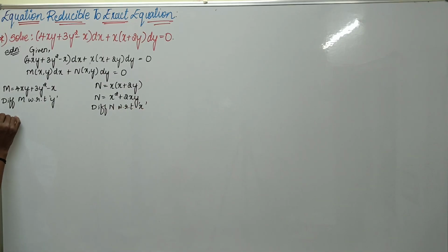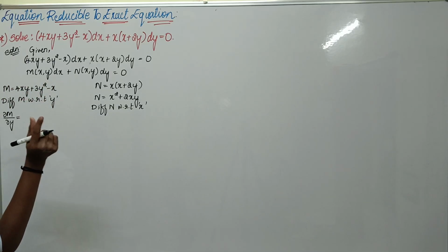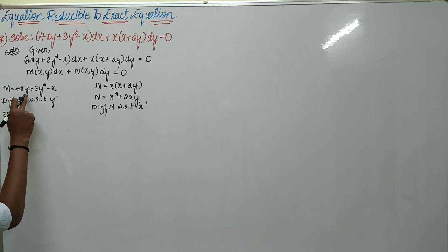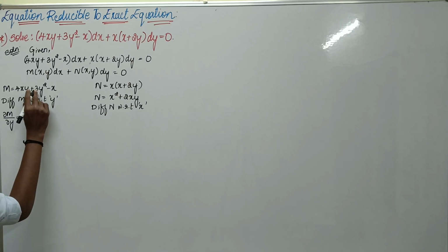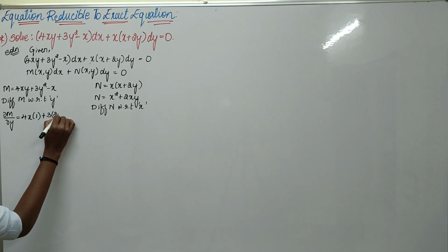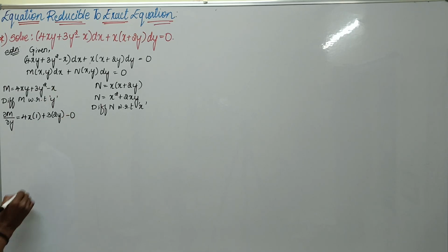Now let us differentiate ∂M/∂y. Let us differentiate term by term. In the first term we have 4x into y, so differentiation of y is 1. Plus 3 remains constant, differentiation of y² is 2y. Minus x: since we don't have a y variable here, this term becomes 0.